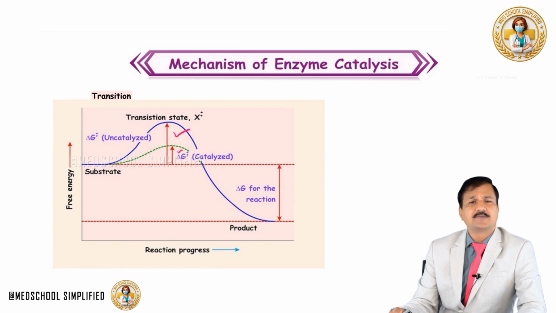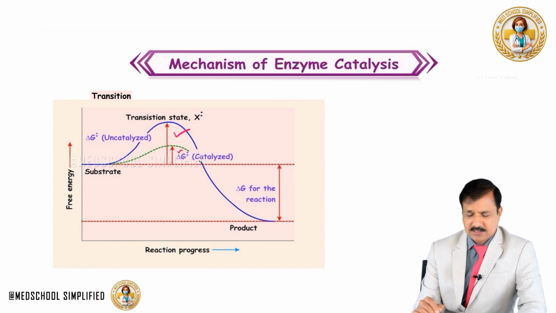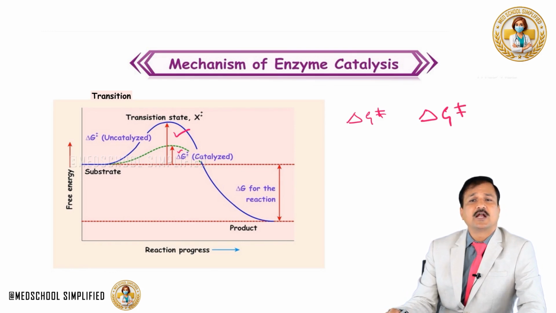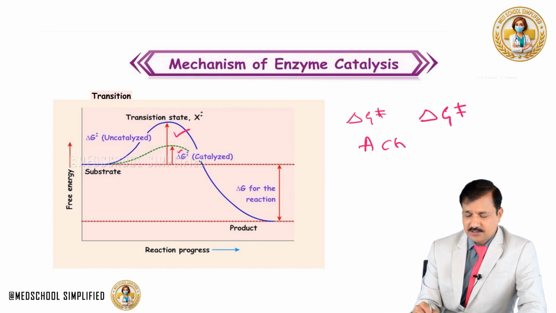That means enzymes simply decrease free energy of activation, which is denoted as delta G plus plus. You have to read it like that: delta G, and write one plus and put another plus on top of it. It's delta G plus plus, a symbol for free energy of activation, or simply called activation energy.